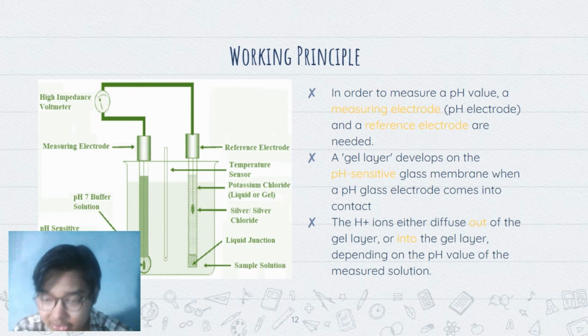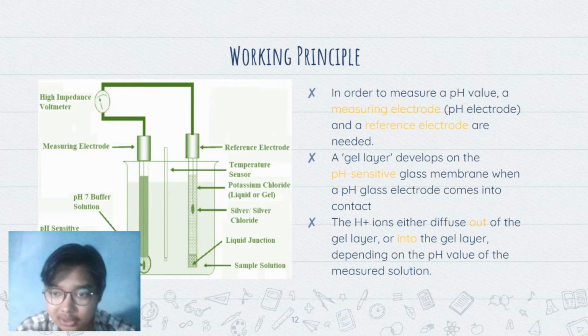Such a gel layer also arises on the inside of the glass membrane, which is in contact with a defined buffer solution. Then, when contact happens between the pH electrode's gel layer and the chemical solution, the hydrogen ions either diffuse out of the gel layer or into it, depending on the pH value of the measured solution.